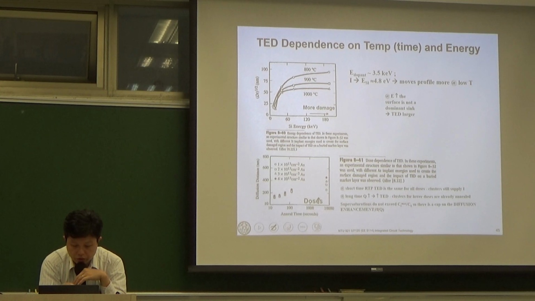When we increase the energy, we can expect more damage in our material, so you can see the TED will become larger, because at that time your surface is not a dominant thing.